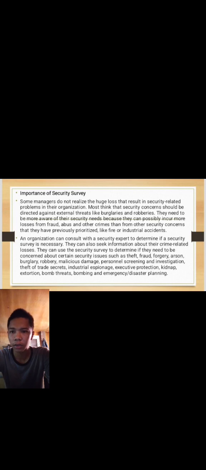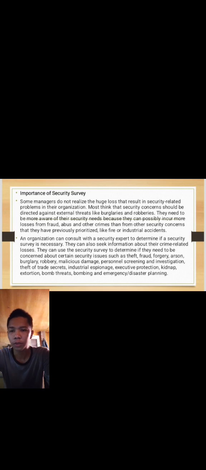They can use the security surveys to determine if they need to be concerned about certain security issues such as theft, fraud, forgery, arson, burglary, robbery, malicious damage, personnel screening and investigation, theft of trade secrets, industrial espionage, executive protection, kidnap, extortion, bomb threats, bombing, and emergency disaster planning.